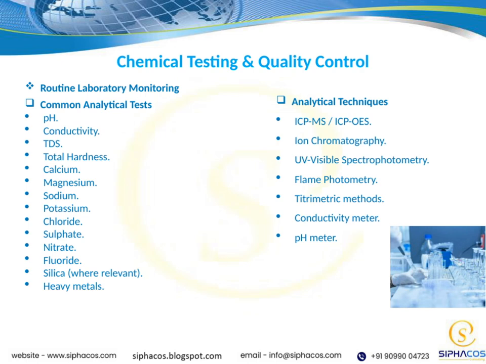Routine monitoring involves testing common parameters like pH, conductivity, total dissolved solids, hardness, and key ions such as calcium, magnesium, sodium, and potassium. We also check for chloride, sulfate, nitrate, fluoride, silica when relevant, and heavy metals to ensure safety and compliance.